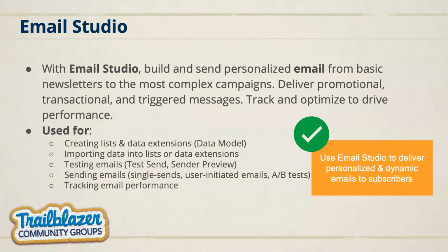It's another way of storing subscriber data, and you can also send emails to lists. You can import data into lists or data extensions in Marketing Cloud within Email Studio. You can test emails within Email Studio. As I mentioned, you can track email performance. So Email Studio is that part of your account from which you deliver all of those advanced messages.